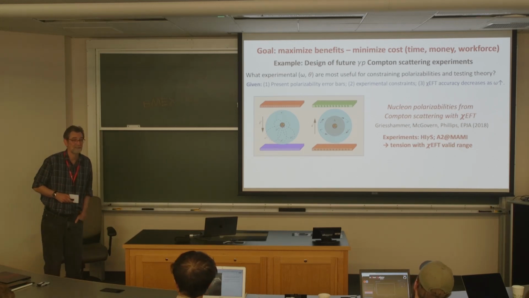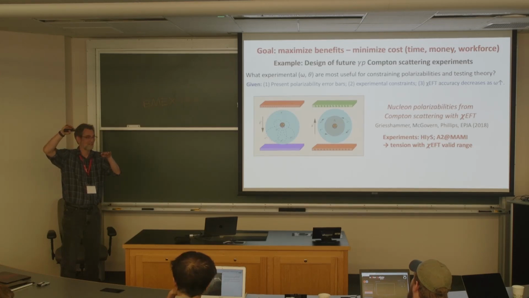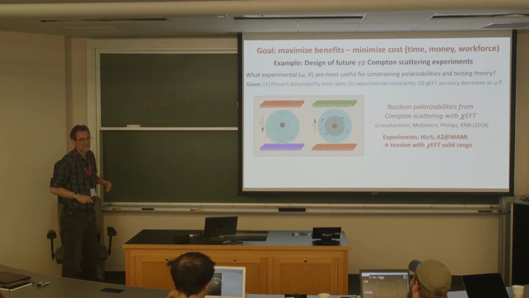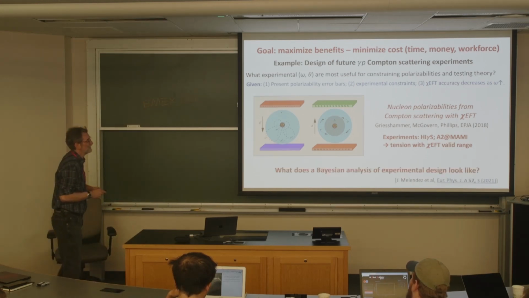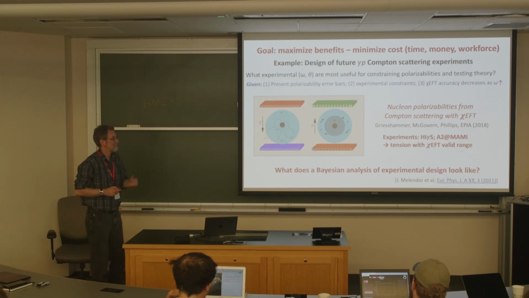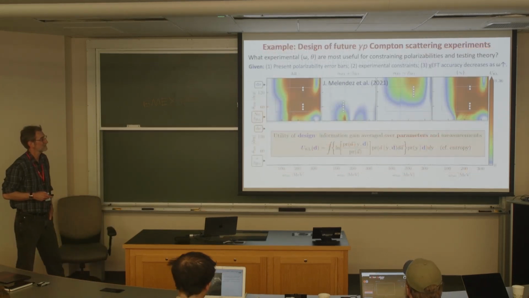And we know that one feature of those is that they get worse as we go high in energy. That's going to create some tension here, because on the experimental side, you want to go up in energy to get more counts, to get better statistics. So what we're going to do is a Bayesian analysis of this and see what it looks like. Okay, and this is the reference you can look for.